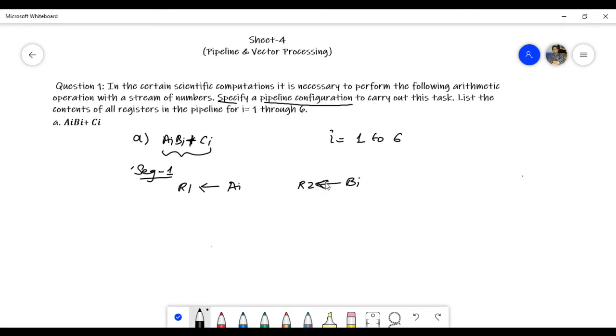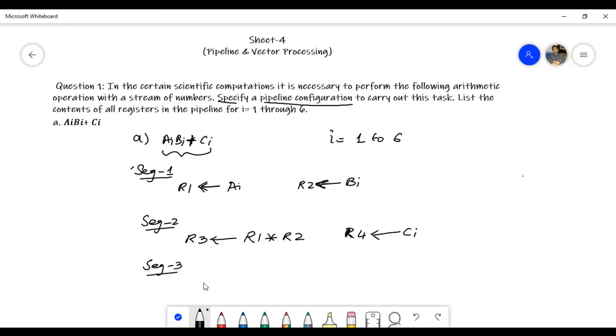So we are initializing the values of A and B in R1 and R2. What is segment 2? R3 implies what? First we will perform A cross B, so AI BI is nothing but R1 cross R2. The values of R1 and R2 are A and B, so we are multiplying A and B and storing the result in R3. At the same time, we will initialize C into R4. Okay, this is segment 2.